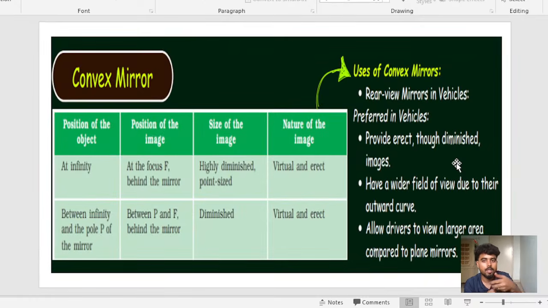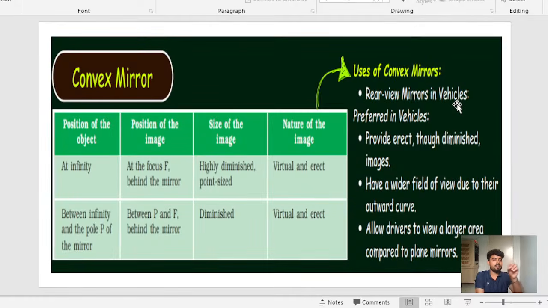Now we are moving to the convex mirror. Uses of convex mirror: rear view mirrors in vehicles. For example, let us consider a bike. In that bike mirror, you can see some words: objects appear closer than they are.